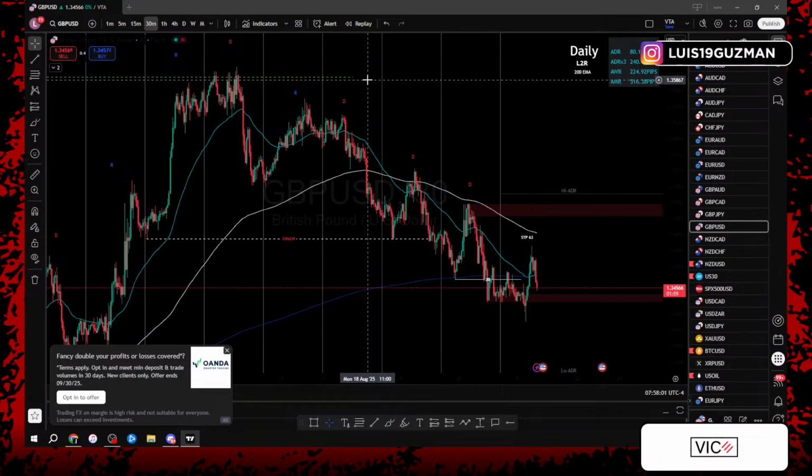Because if you add all the GBP pairs, all the Euro pairs, all the AUD pairs, for the most part they all move similarly, right? The correlation between the pairs is very similar.